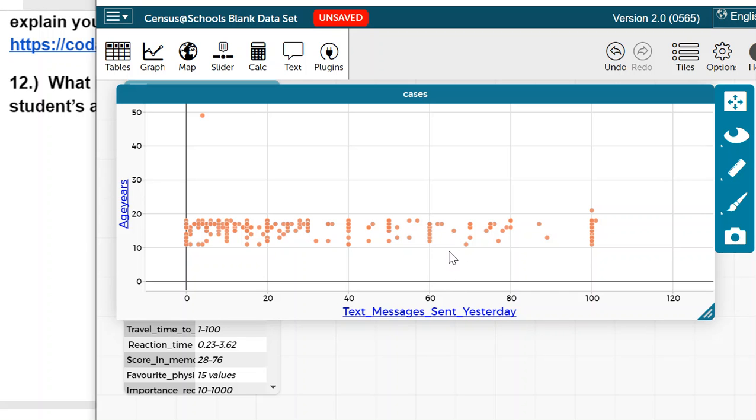Excuse me. Again, you have a tendency for them to use round numbers like 20 or 30 or 40. Or 100. But remember, the higher you are on the graph, the older you are.